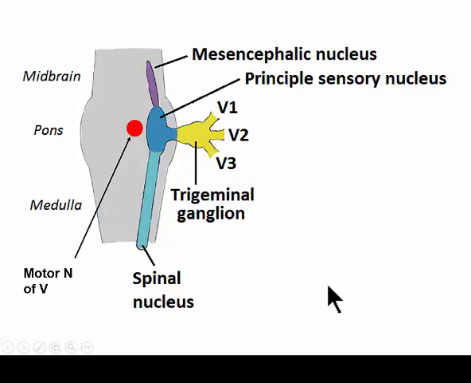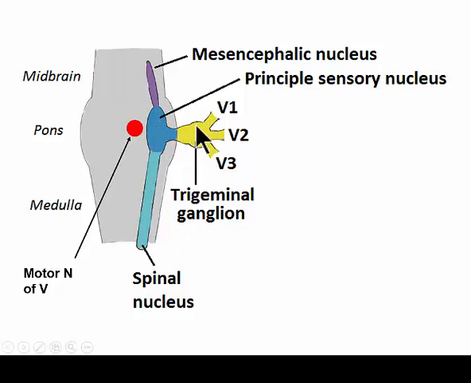Here's another nice picture of the trigeminal complex. Bob is going to elucidate upon this a little more, but here's the mesencephalic or the jaw jerk nucleus, pseudo-unipolar cells sucked into the brainstem like a dorsal root ganglia. Here's the chief or principal sensory nucleus right there in the middle, and here's the spinal nucleus of 5. So it's like a long dumbbell here.